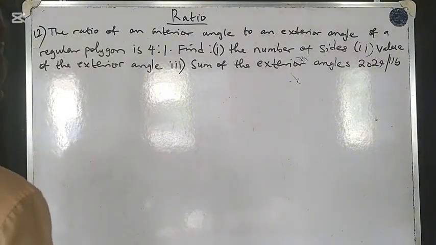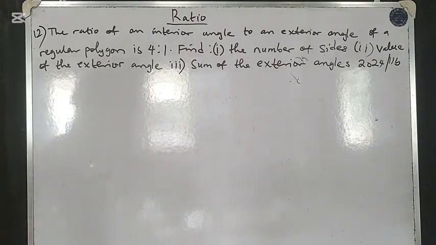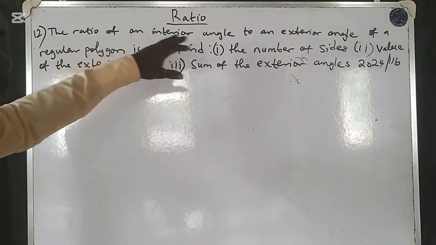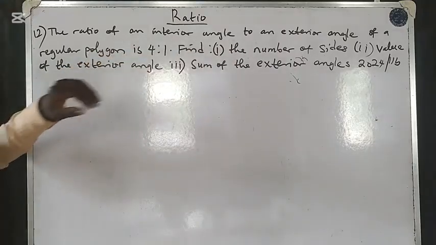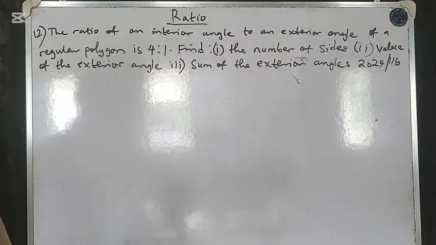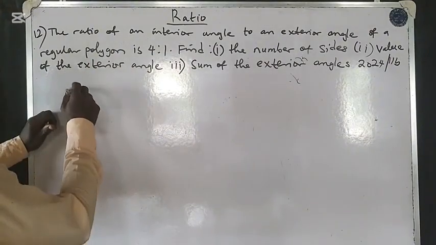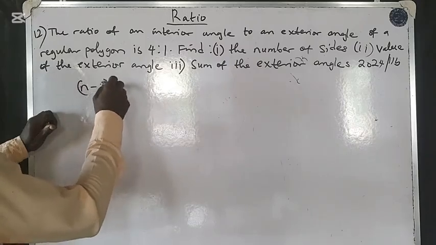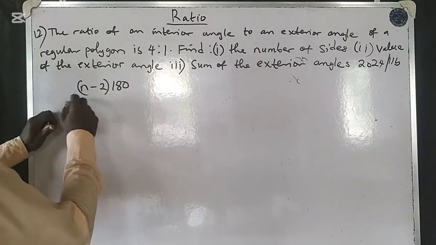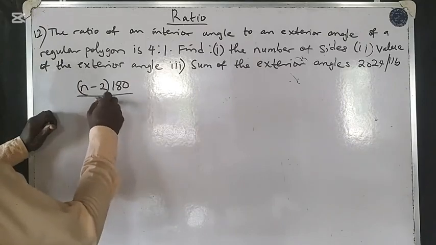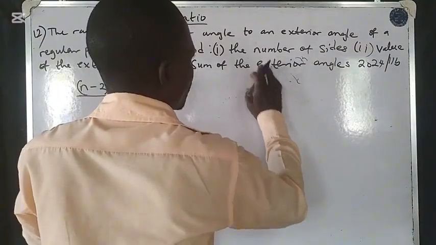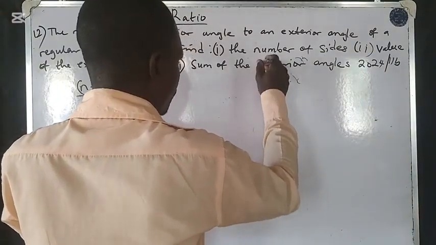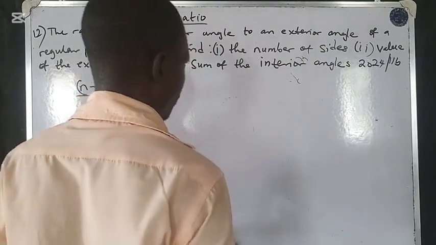The first thing is to write the ratio of the two angles, interior angle and exterior angle. The formula for an interior angle is this: n-2 multiplied by 180 all over n. Sum of the interior angles. The last question is the sum of the interior angles.